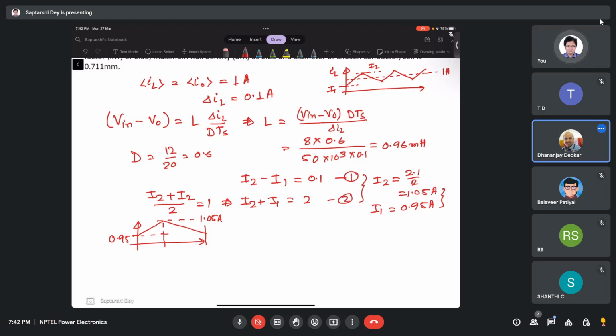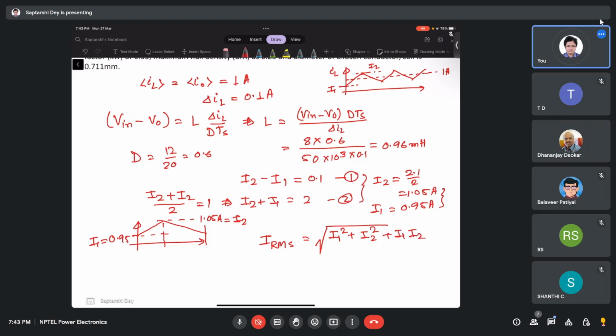If I write the minimum current as I1, and this is I2, then IRMS is the square root of I1 squared plus I2 squared plus I1 I2, by 3.